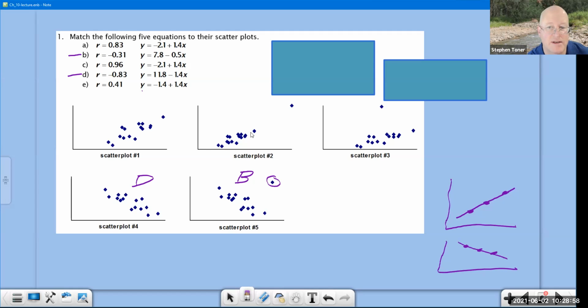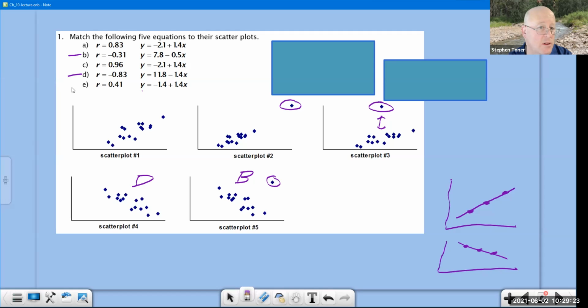Now, when it comes to the next graphs, you can see that these 2 points that are up above the rest are going to be ones that help us to make our decision on which value of R, the linear coefficient, matches the graph. And in scatter plot 3, you notice a vertical separation, and that's really going to mess it up.